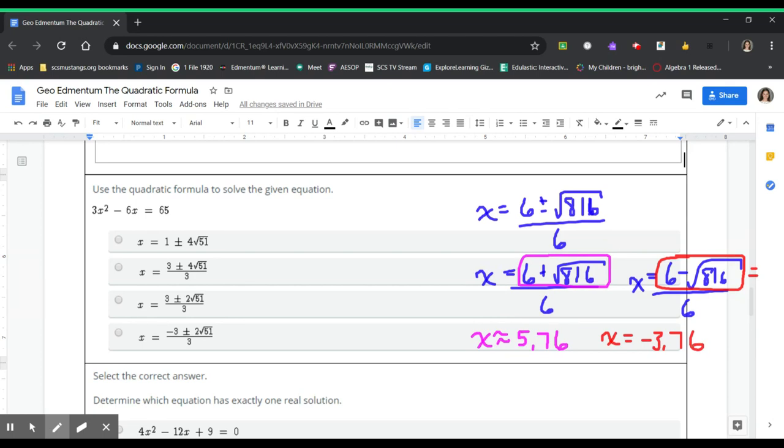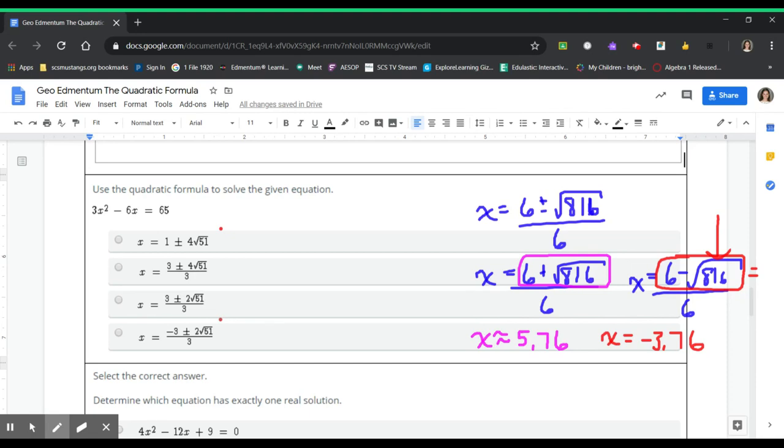If you look at what they gave us for the answer possibilities, they gave us simplified radicals. You can take the time to simplify this square root of 816, or you could just check what each of these answers are by putting them in your calculator and calculating the decimal.